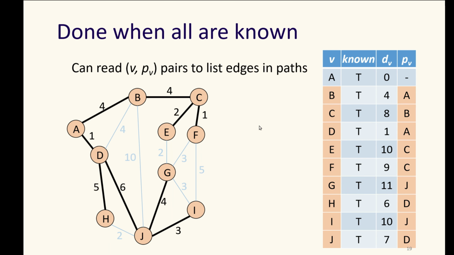So all of the V, P sub V pairs give us the edges in the paths to get to a particular node.